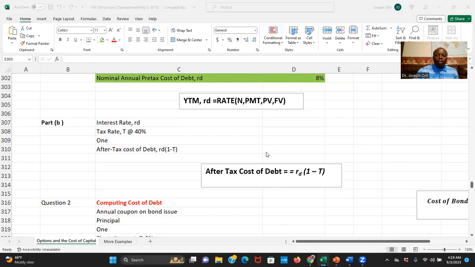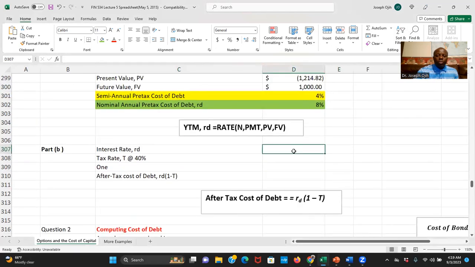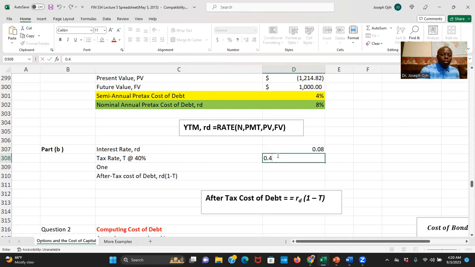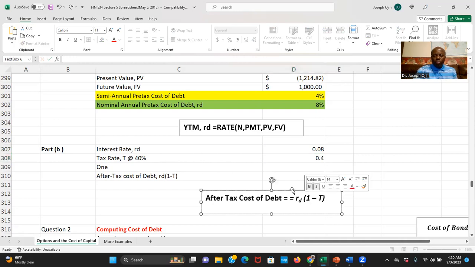So we have this here as 8%, which is 0.08. And the tax rate is 40%, which is 0.4. You can see here that 1 is part of the formula, so I'm going to put 1 here.